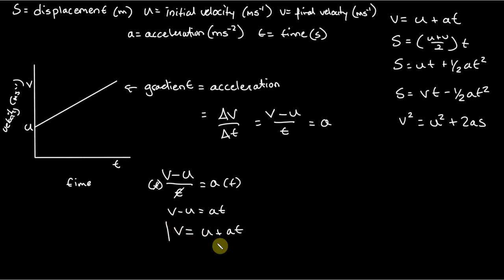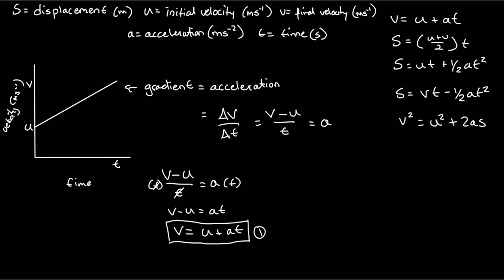Okay, so final velocity equals initial velocity plus acceleration times time. I'll just denote that as 1. That is our first equation of motion. Now, to arrive at the second equation of motion, we have to continue with a bit of logic.